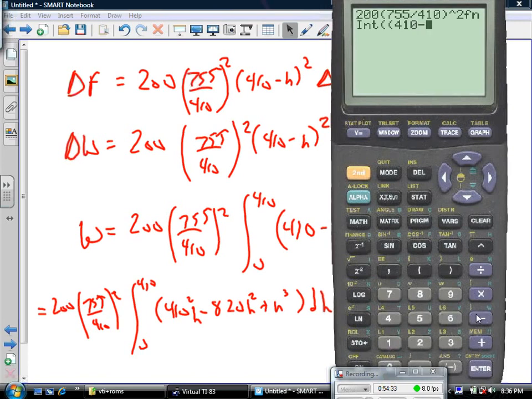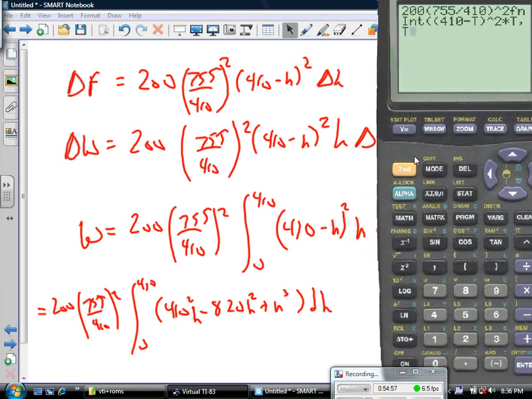minus, now it's in terms of h on the page, but I'm in parametric mode. I'm just going to use this variable. It doesn't matter what it is. I'm using t instead of h, big deal. So 410 minus t, quantity squared, times t with respect to t.